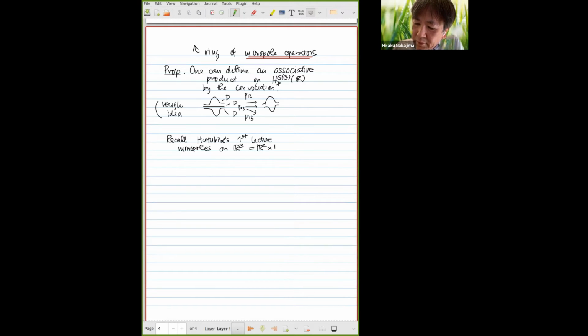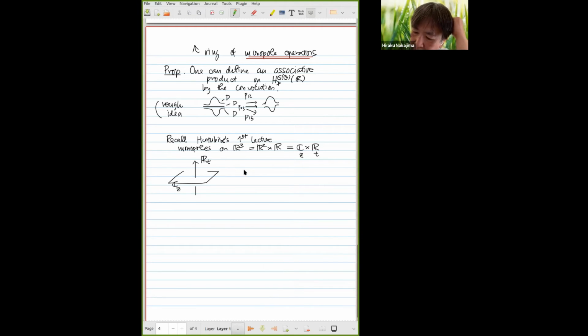So I decompose it into R2 cross R, and I identify R2 with complex numbers, and I denote the coordinate on C by Z and on R by T, so T is the time coordinate. So this is C and this is T.